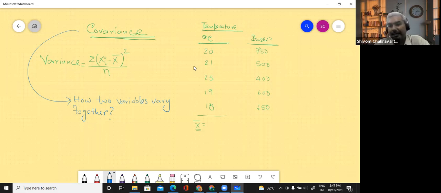Nothing like that. Causation is not implied by what we are doing here. You cannot say that one variable is the reason for the other. We are just trying to measure whether they are varying together.